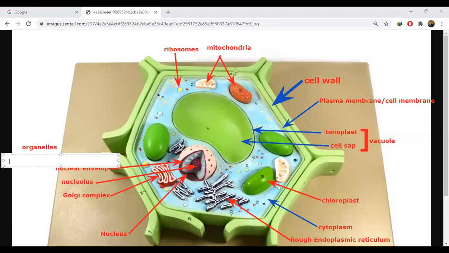If they are located in the cytoplasm only, they are organelles. Cytoplasm is not an organelle. What is in the cytoplasm are organelles. Then who are the ones coming under organelles?